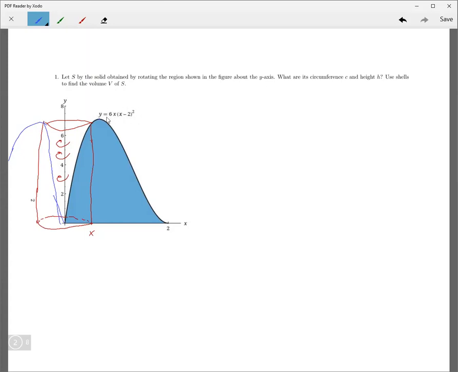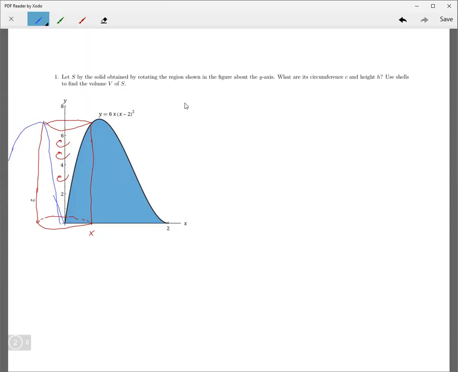And even if you did solve these, then the next question is how are you going to integrate it? That could be really hard. Okay, so it probably could be done, but it might be really hard to do. In this case, cylindrical shells is going to be much easier.